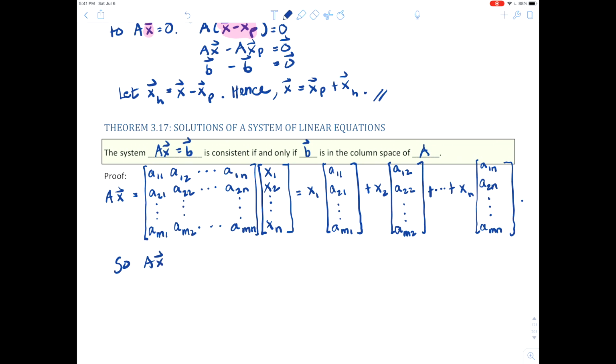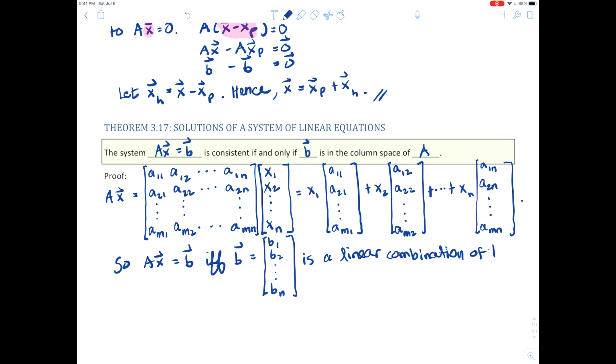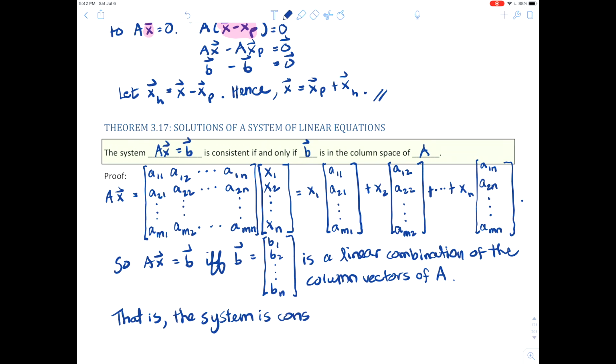A times x equal to b if and only if b, equal to b1, b2, all the way down to bn, is a linear combination of the column vectors of A. So that is, the system is consistent if and only if, what?